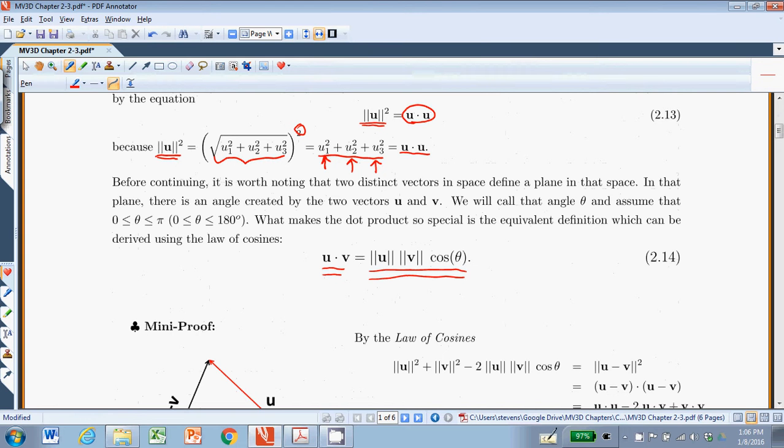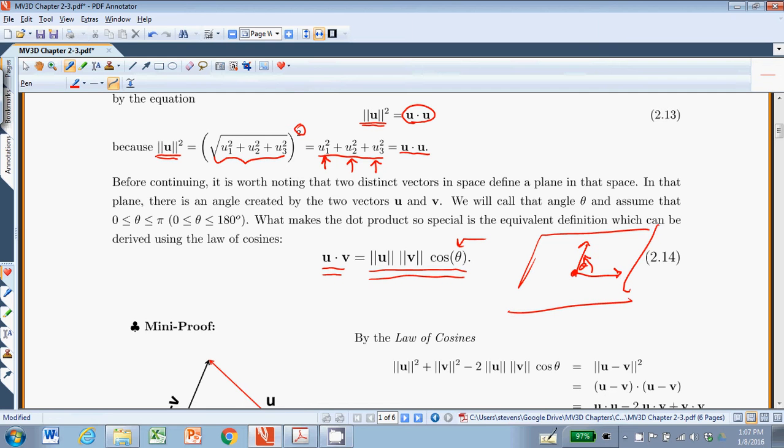Think about this: anytime you have two vectors, whether they're in 2D or in 3D, if you put their originating points adjacent to each other or on top of each other, they form a plane, and there is an angle between those two vectors. We'll assume this angle is between 0 and 180 degrees, or pi.